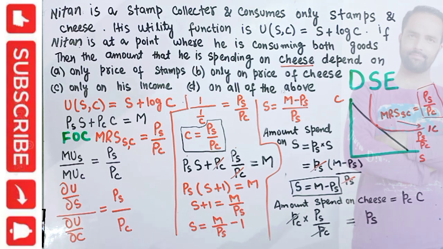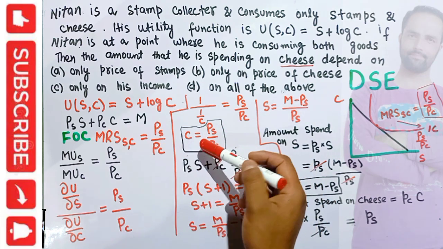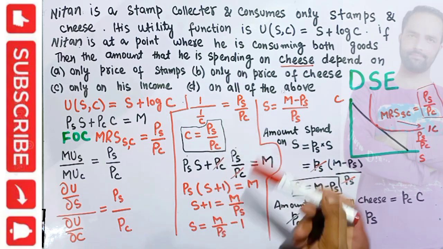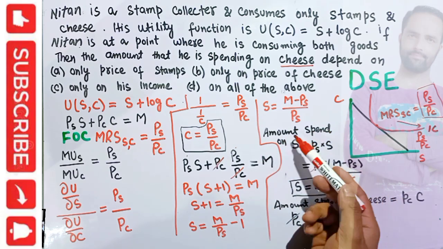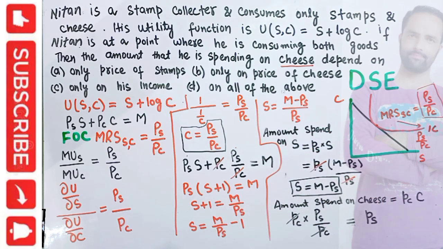Actually the question would have ended here, but I have just lengthened it to show you how to find out the amount spent on stamps and the amount spent on cheese.